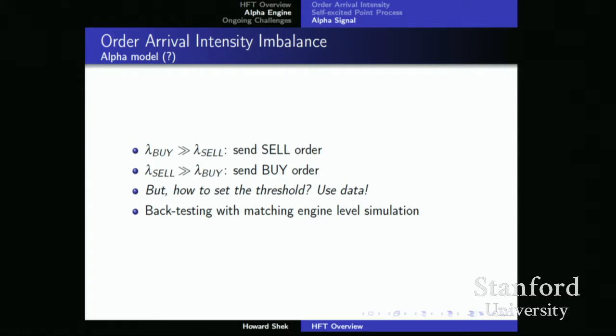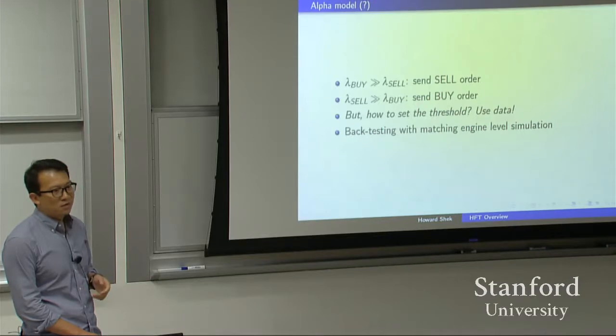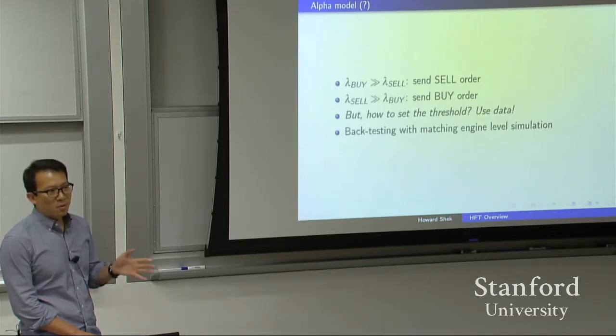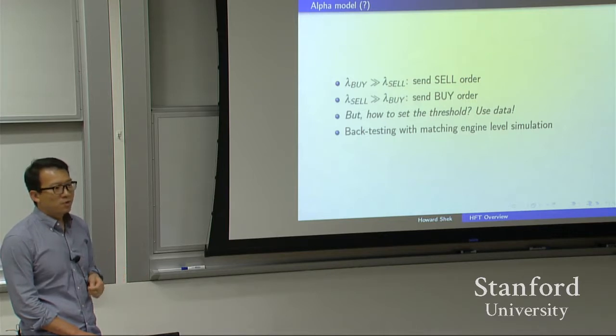Then based on the model prediction, we can construct an imbalance of arrival on the bid side and sell side. Based on that imbalance, we can come up with a simple rule that will give us a directional prediction of where the market is going to go within the next tick or within the next millisecond.